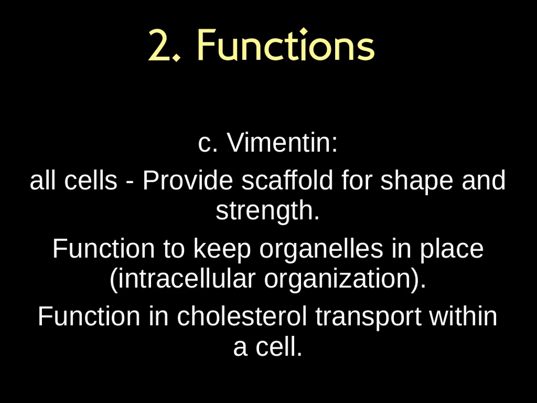Vimentin is found in all cells, and its primary function appears to be to provide a scaffold and structure for the cell itself. A lot of what makes the cell structure is this. It also keeps some intracellular organization within the cell. For instance, we place organelles on these and position them appropriately within the cell. Muscle cells will often have a load of mitochondria on one side of the cell.